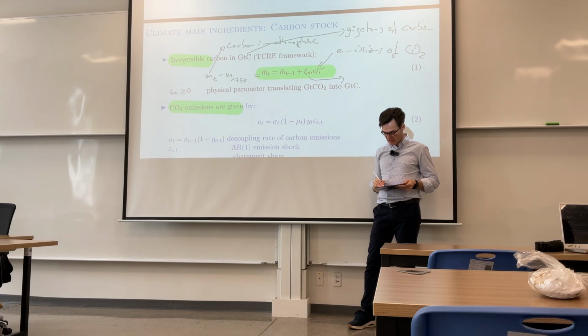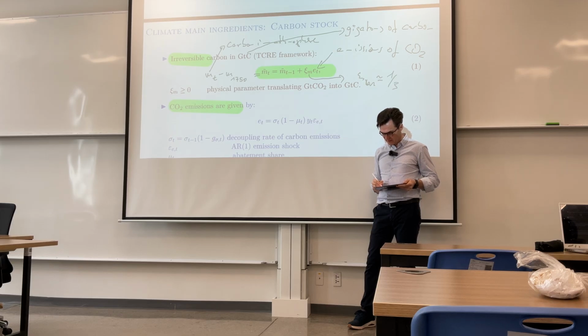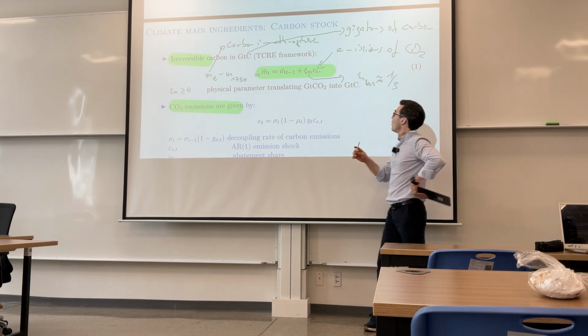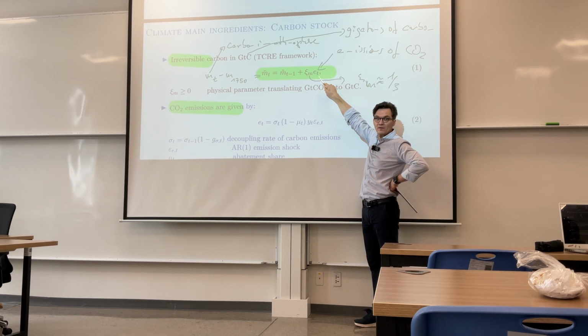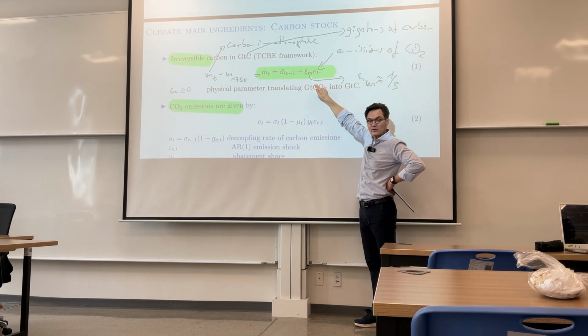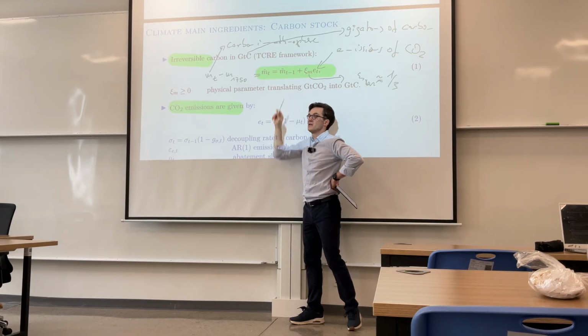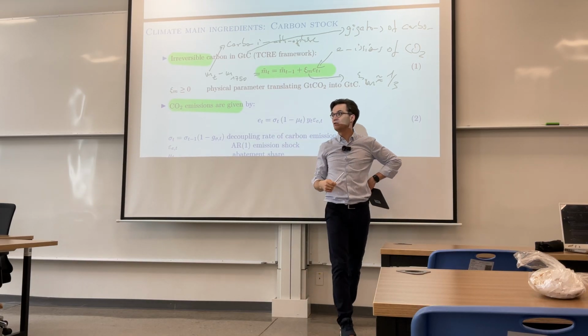And this psi m is approximately 1/3. That means 1 ton of extra CO2 emissions generates 1/3 of a ton of carbon in the atmosphere, according to research.